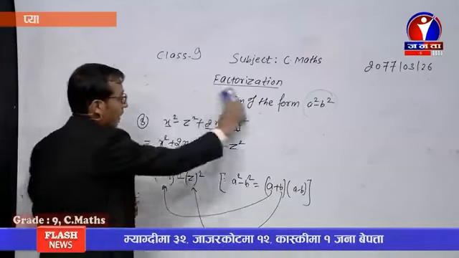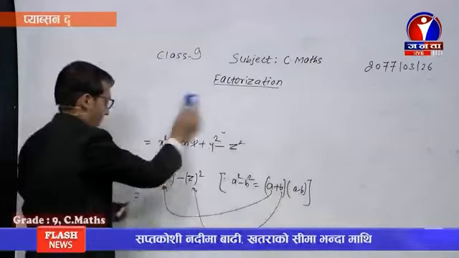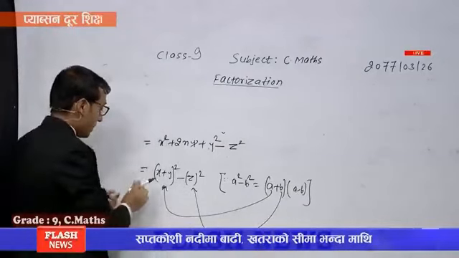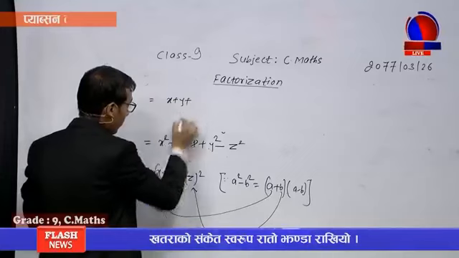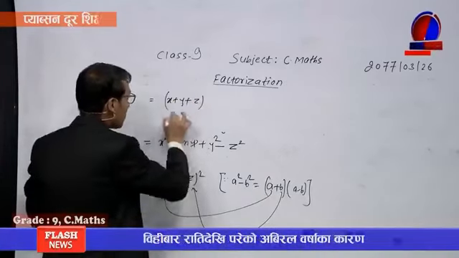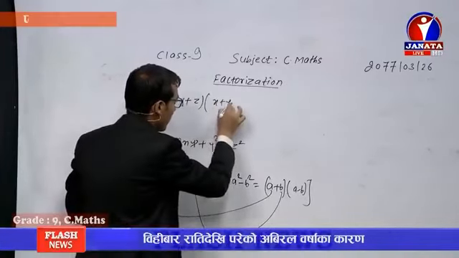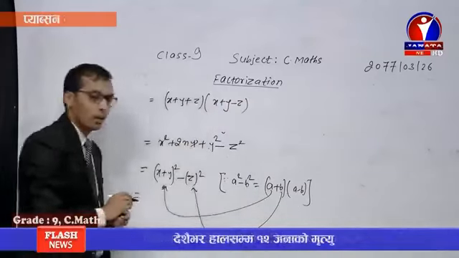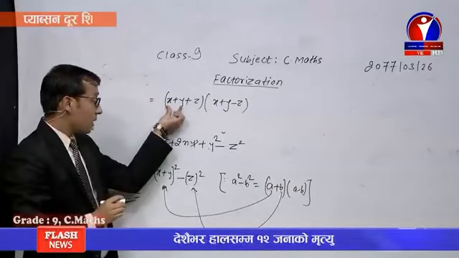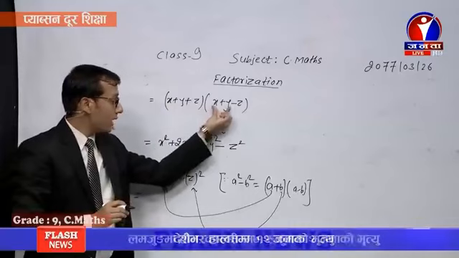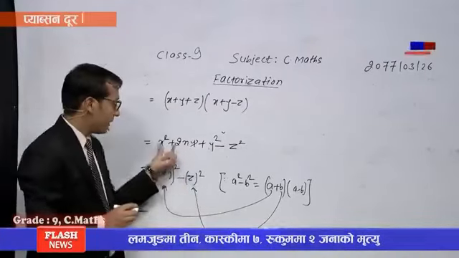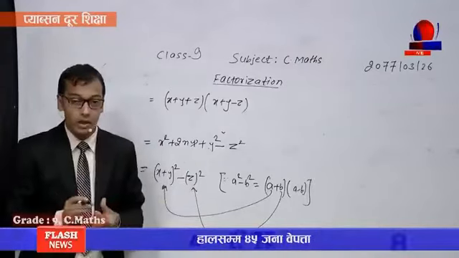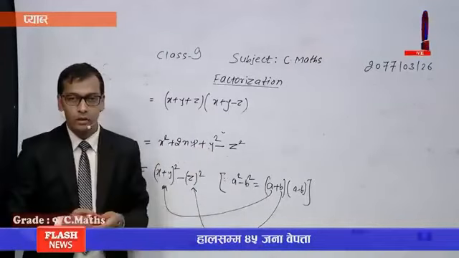Now let's factorize this. So I'm writing here: a is x plus y, so a plus b is x plus y plus z, times a minus b, x plus y minus z. So these are the two factors of the expression x squared plus 2xy plus y squared minus z squared.